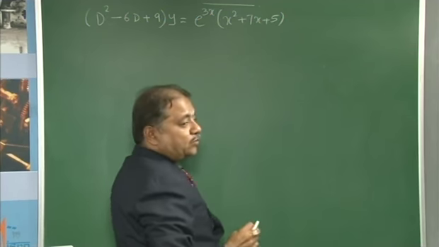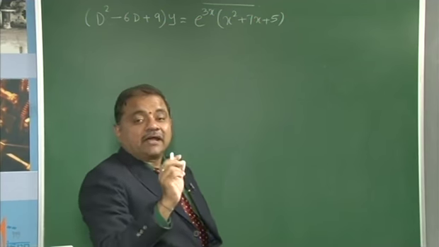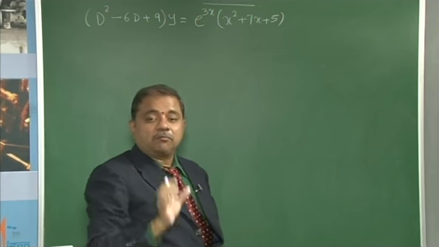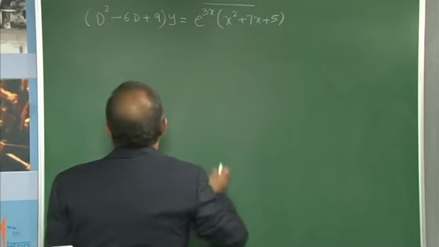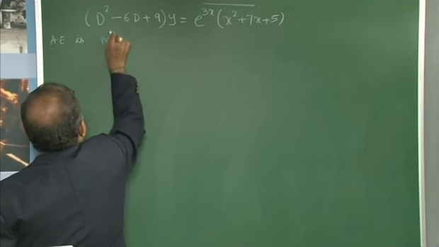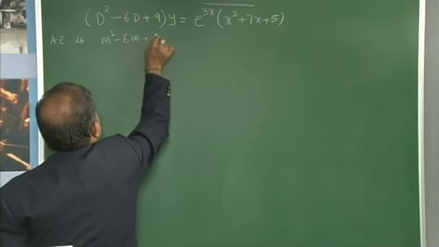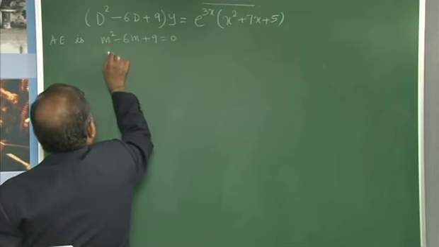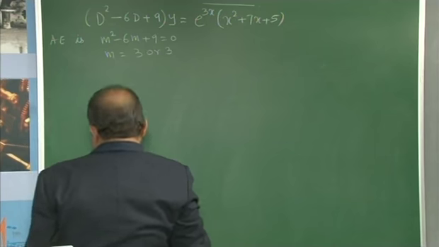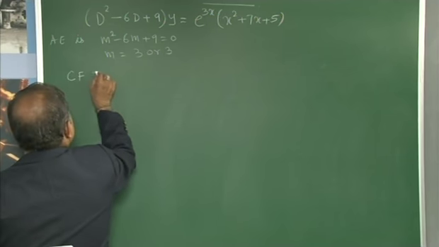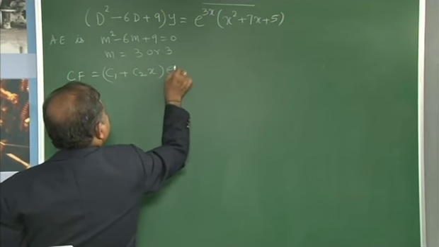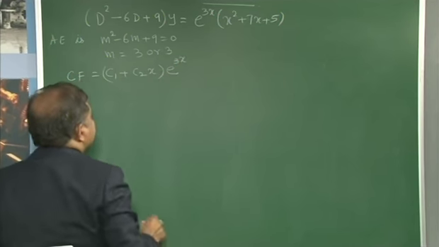Already we have told, even though it is in summation format, for type 3 polynomial, the complete factor has to be taken as the polynomial. So now the auxiliary equation, m squared minus 6m plus 9, as we know the roots are equal, 3 or 3. Therefore, the complementary function is equal to c1 plus c2x into e power 3x.